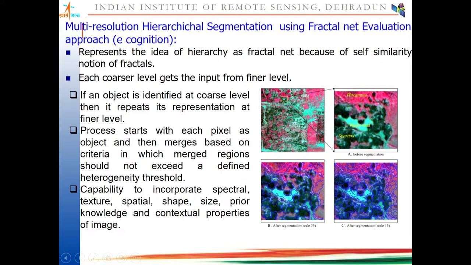So at scale 35 you can see the size of the segments and segmentation after scale 15. So from this large image, this small segment has been taken and this is the example. So here we see this segment has been broken into several smaller segments because the scale factor has been reduced. Now according to the requirement, we will keep adjusting the thresholds and the heterogeneity parameters.